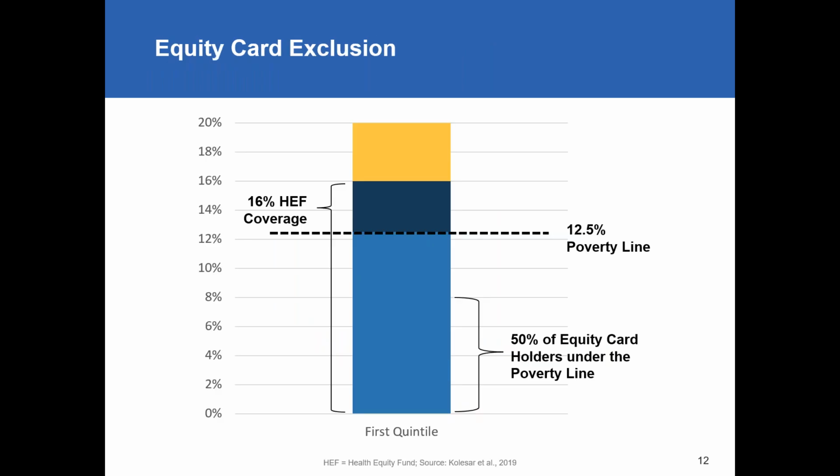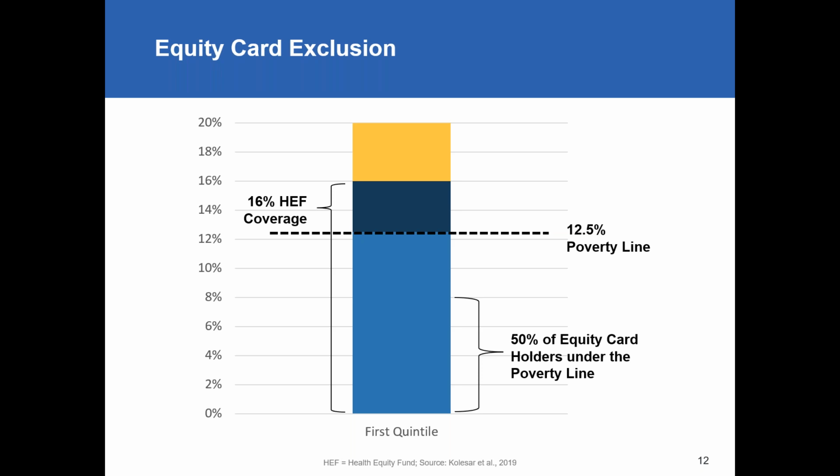HEF eligibility is primarily determined using a nationwide ID poor system. This system combines proxy means testing using observable household characteristics and assets complemented with community-based targeting. Households determined to be poor are issued an equity card. There is evidence of exclusion and inclusion errors related to this system.